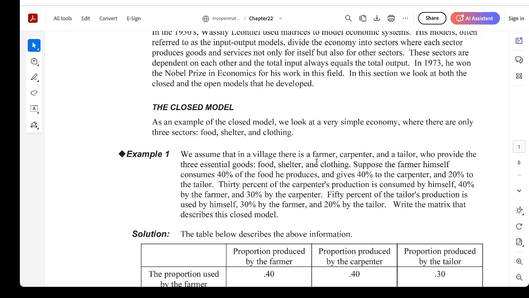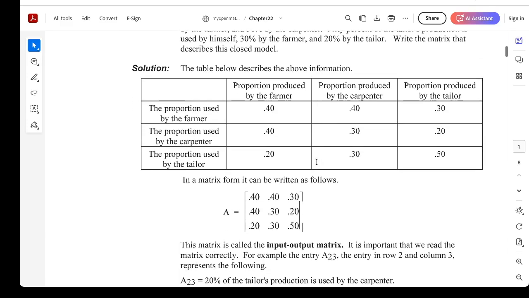But let's look at the input-output table. If you read down the columns of this table, it's giving you the amount that's produced by each person, each segment of the economy. So we've got somebody who's making food, the farmer, and their column is this first one. What are the rows? Well, that's the stuff that's being consumed by one of the elements of the economy.